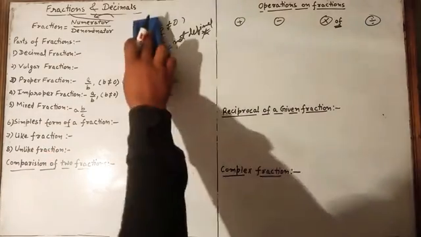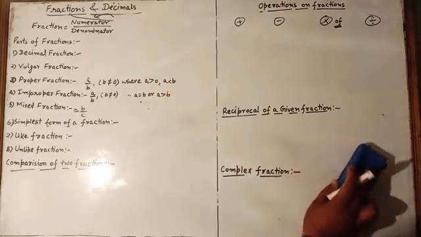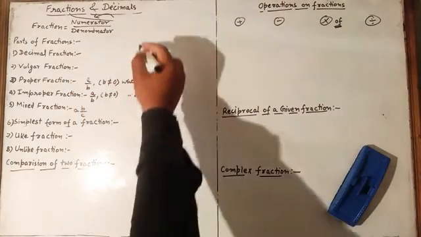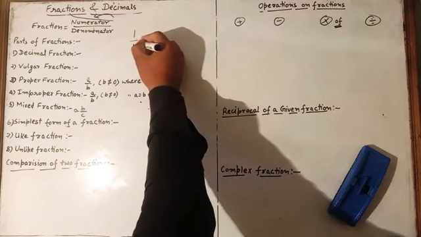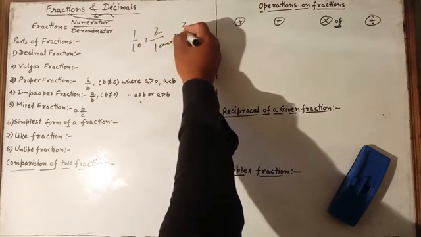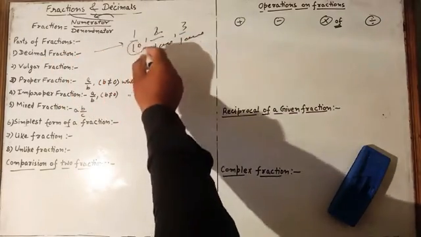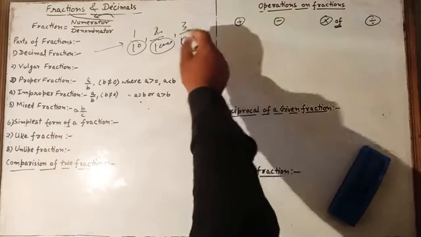So a decimal fraction is a fraction in which the denominator is a multiple of 10. See here, if it is written 1 by 10, 2 by 100 or 3 by 1000, these fractions will be decimal fractions in which the denominator is a multiple of 10.